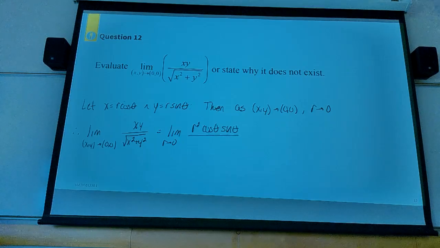What about the denominator? r. That would become the limit of a half r sine of 2 theta, right, as r goes to 0. What's that limit? There's your limit. The limit is 0.